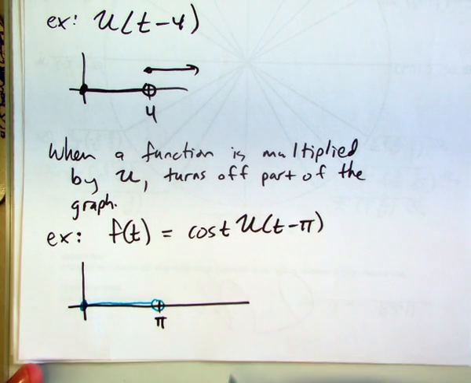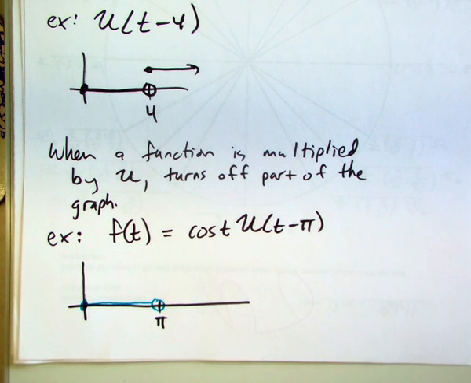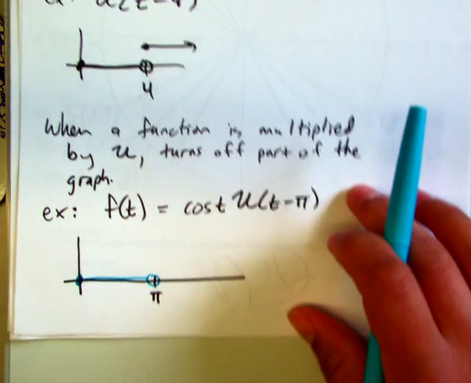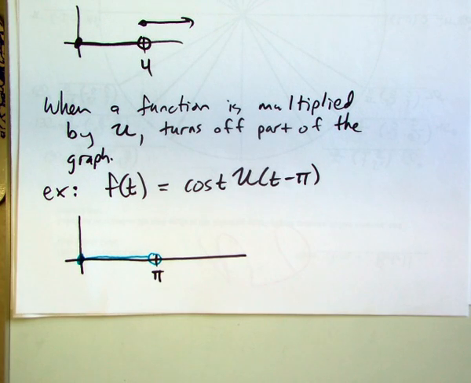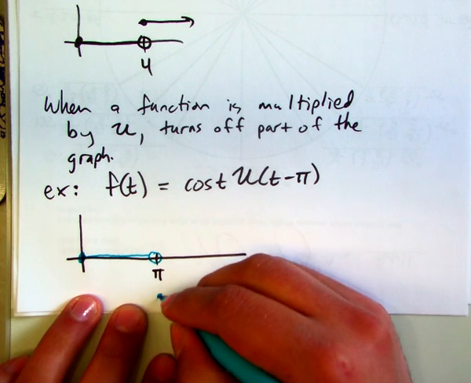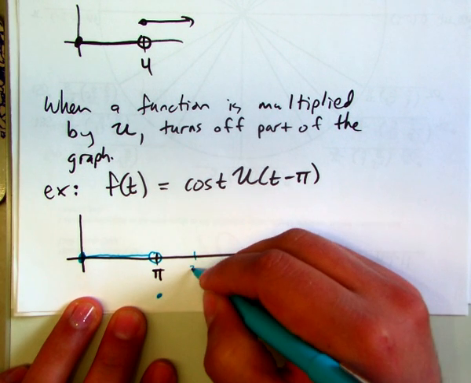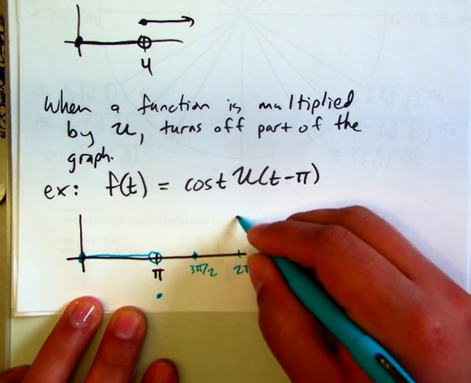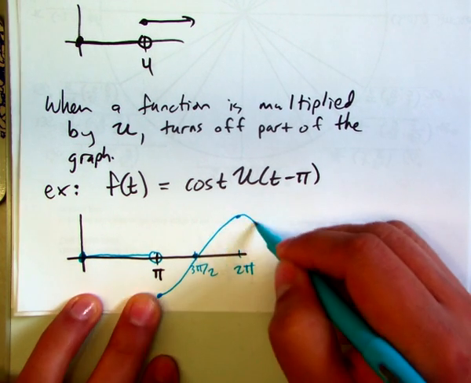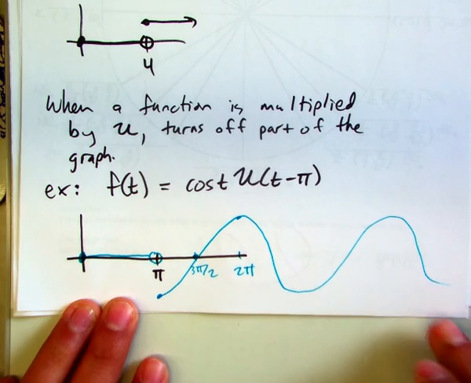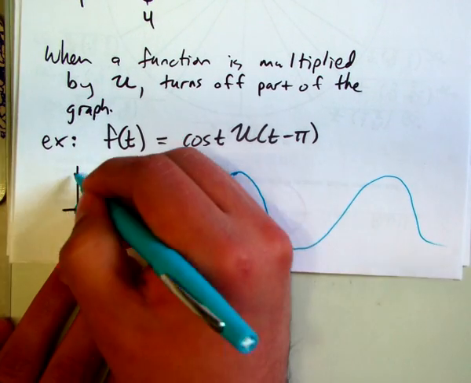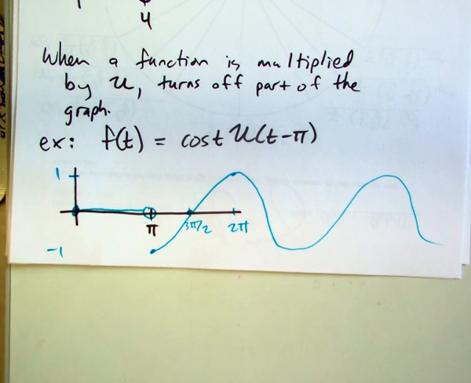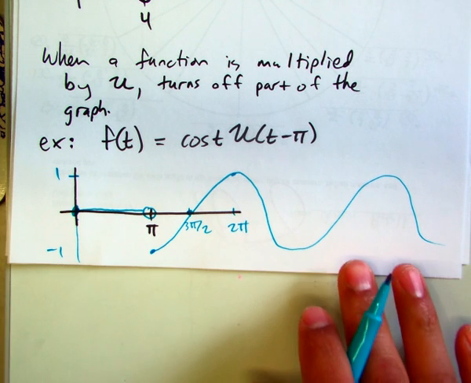From 0 to pi, we don't have any cosine graph yet. It's just 0. But now, starting at pi, we pick up our cosine graph wherever it would have been, right? So where's cosine at pi? At -1. And then at 3 pi over 2, and 2 pi. I mean, you know what it looks like. So after that, it does what it should. Okay.